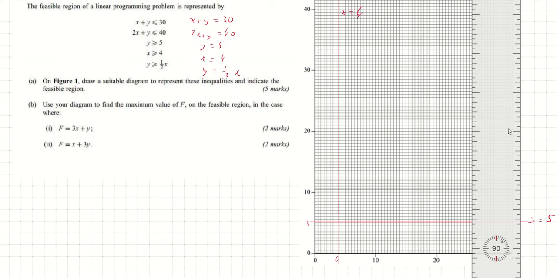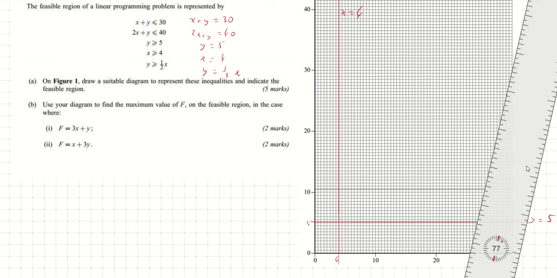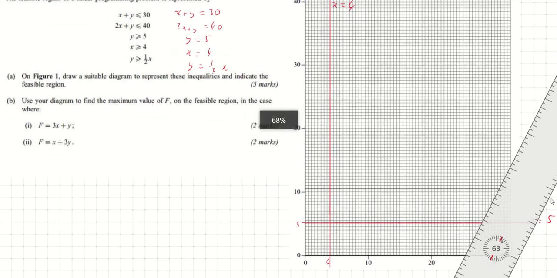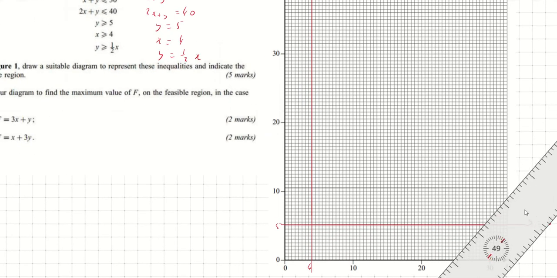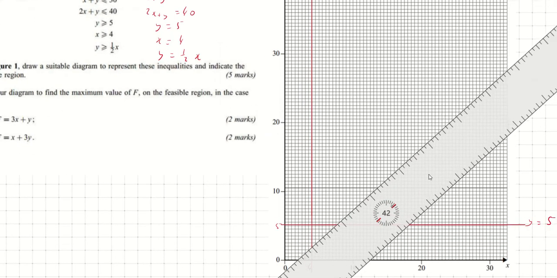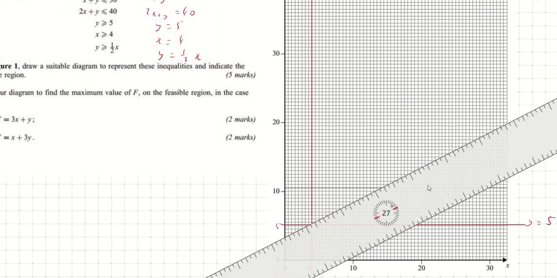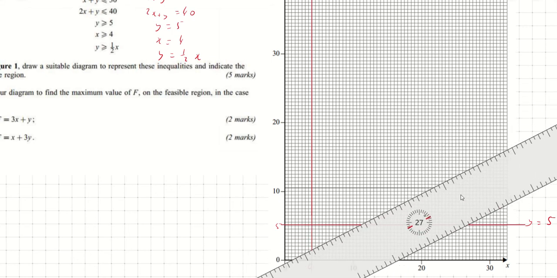Y equals 1/2 x. Well, that's a straight line going through the origin, because when x is 0, y is 0, and it has gradient a half. So, for example, when x is 20, y is going to be 10. So I think it's going to be about this line.